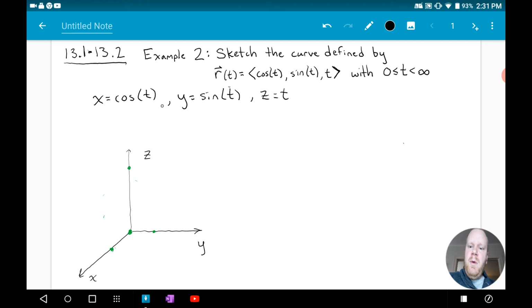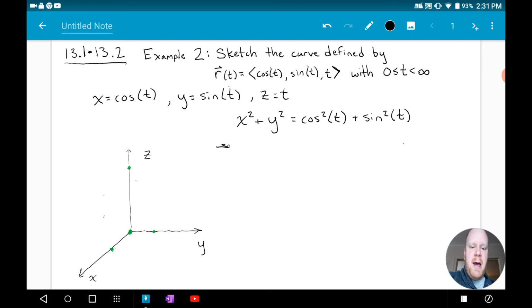So we want to get rid of this t so that we can draw a surface that we can recognize. I think the easiest way to do that with this one is to see that x squared plus y squared is going to be equal to cosine squared of t plus sine squared of t.